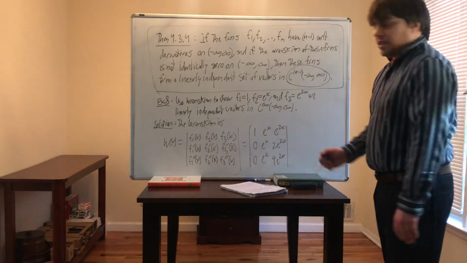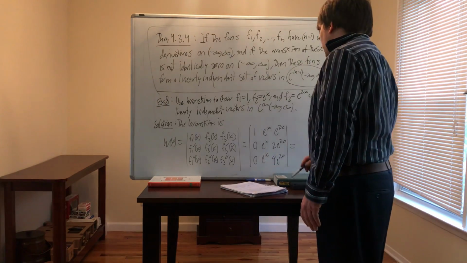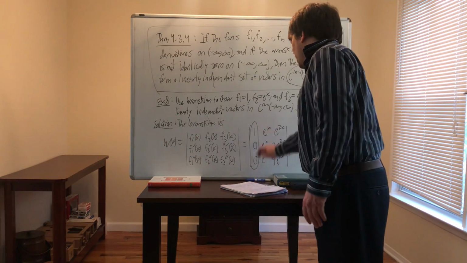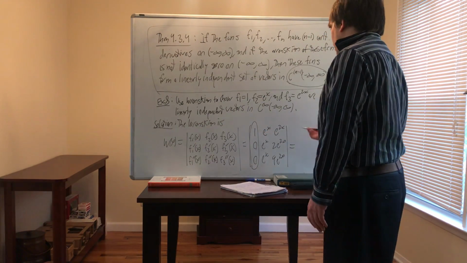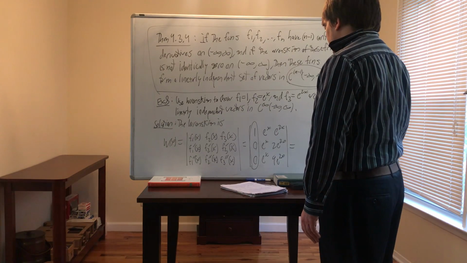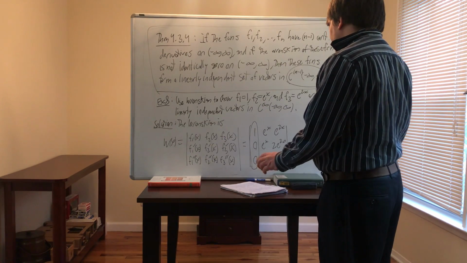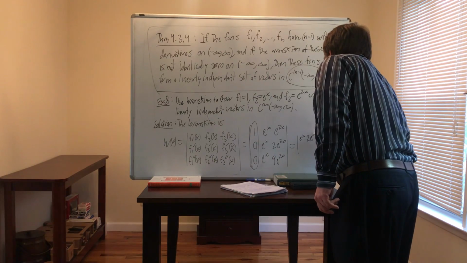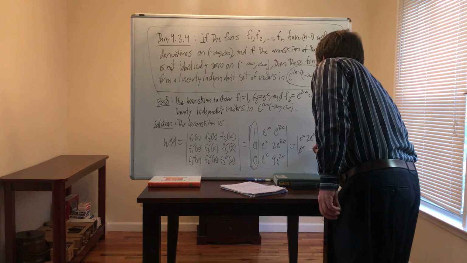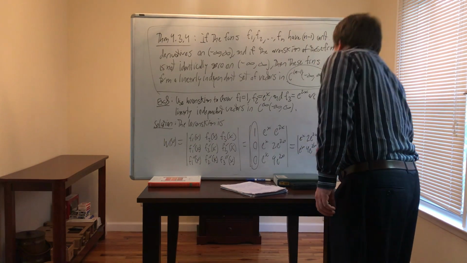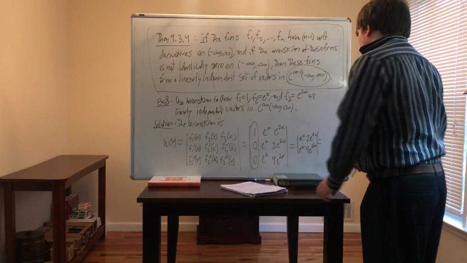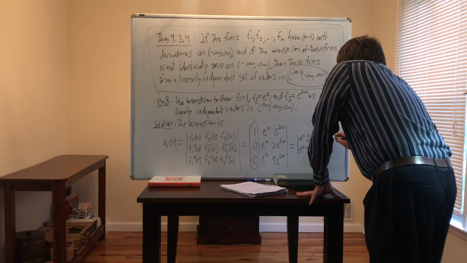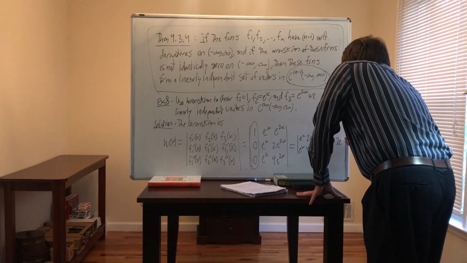Okay, and you find the determinant of this. You can use the cofactor expansion along the first column. And so when you do that, you get the determinant of e to the x, 2e to the 2x, e to the x, 4e to the 2x. And the determinant of that is equal to 4e to the 3x minus 2e to the 3x.